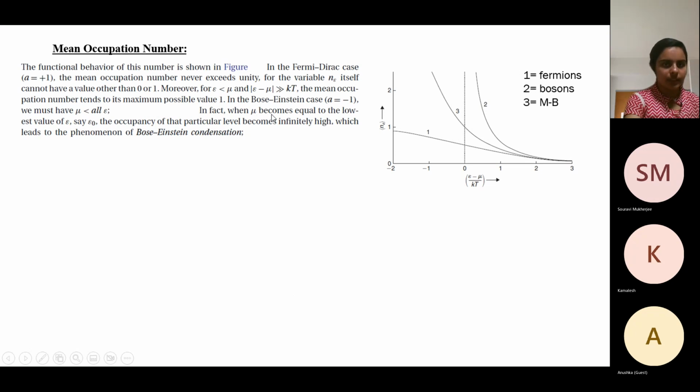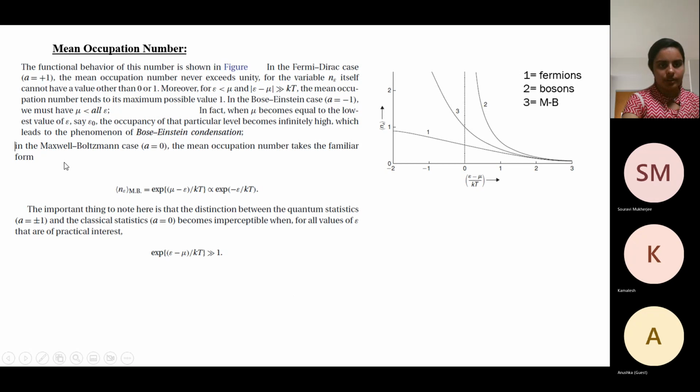And you see that when mu becomes equal to the lowest energy value, that is epsilon naught, which is something you can see here, the occupancy of that particular level is infinitely high. And this is what happens when you have Bose-Einstein condensation. So we'll talk about that in detail later, but this is just a qualitative discussion of the mean occupation number for the different kinds of particles.